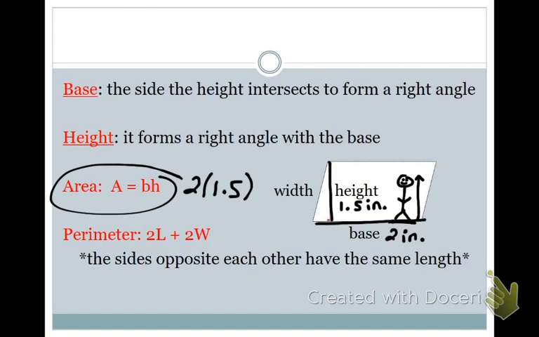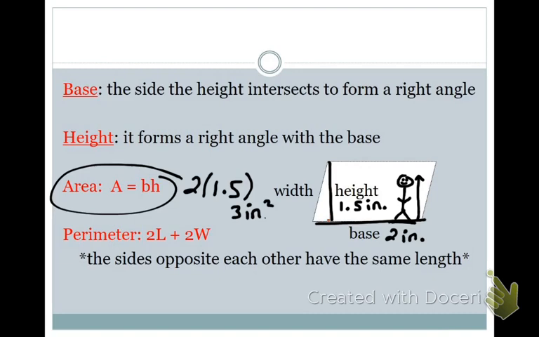Plug that into your calculators to find out what the area of this parallelogram would be. What do you guys get? Okay, 3 inches. Now basically what that is, it's finding the area, so you want to go ahead and square the units, 3 inches squared, okay? So that is what the area is of that right there.